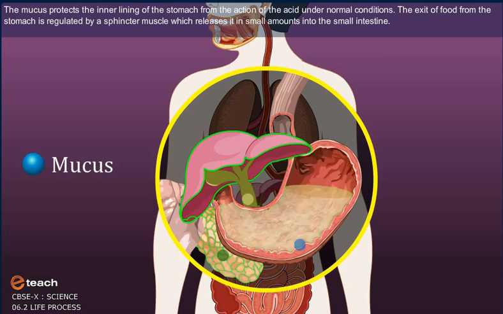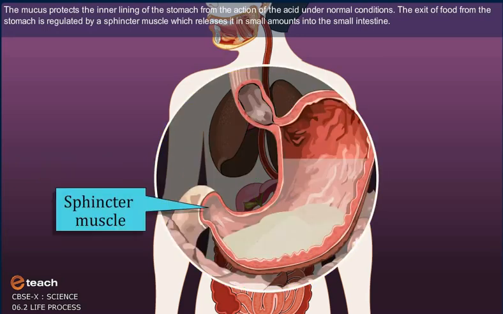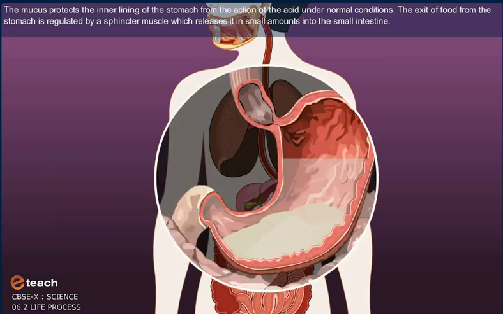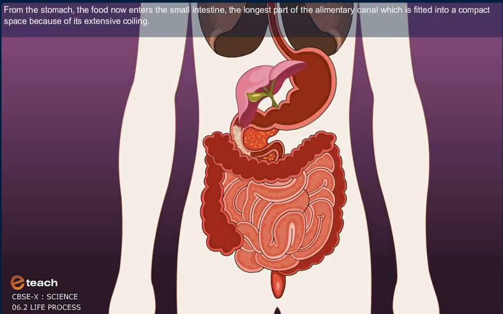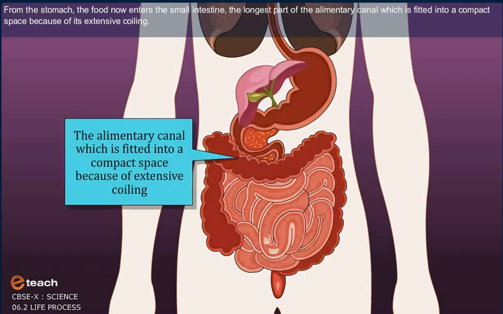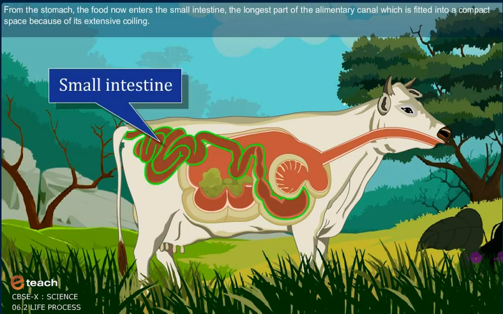The exit of food from the stomach is regulated by a sphincter muscle which releases it in small amounts into the small intestine. From the stomach, the food now enters the small intestine, the longest part of the alimentary canal, which is fitted into a compact space because of extensive coiling.